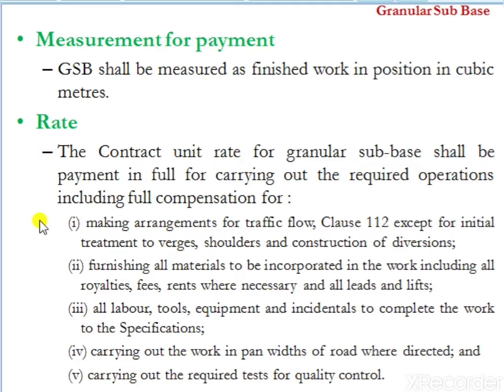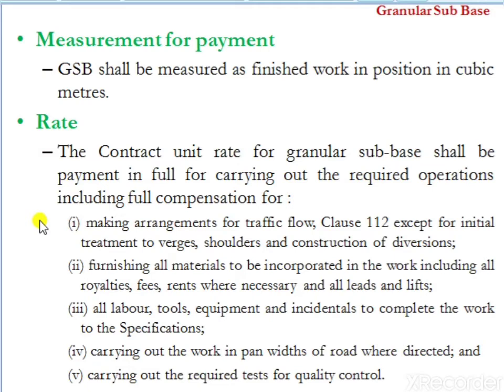It includes fees paid for the materials used in the construction, rents and other necessary charges like lifts and leads. Considering all these materials used in the construction, the bill is sanctioned.